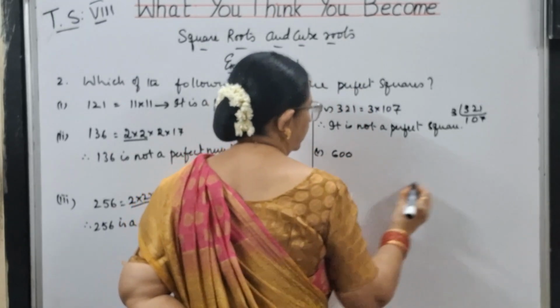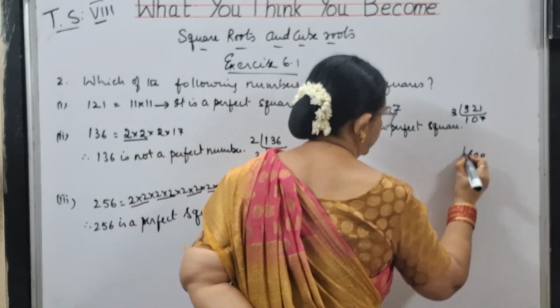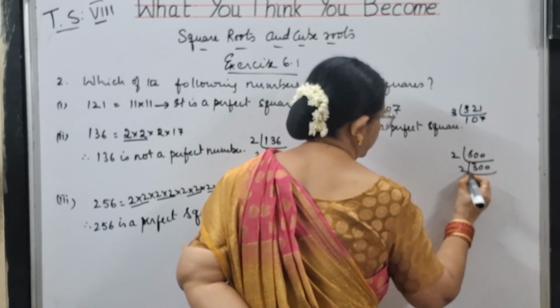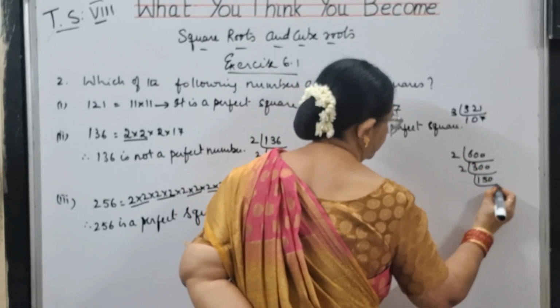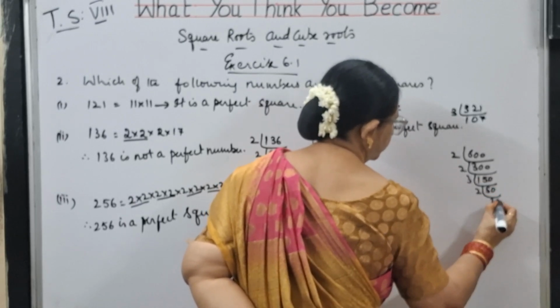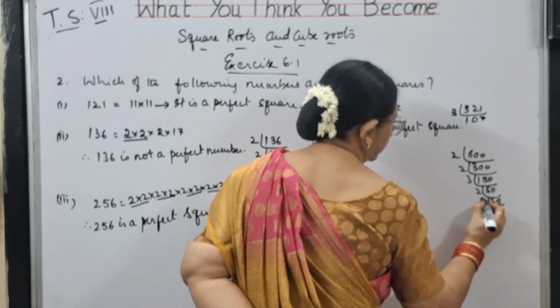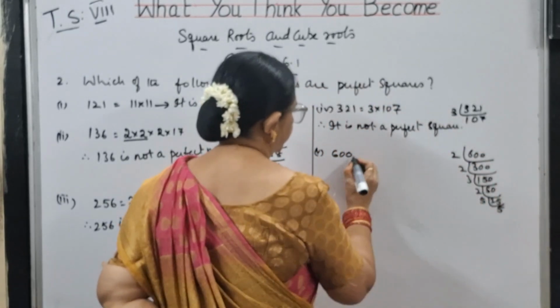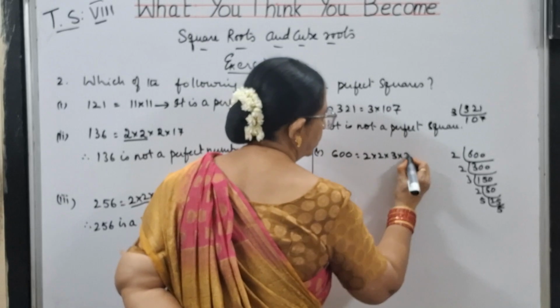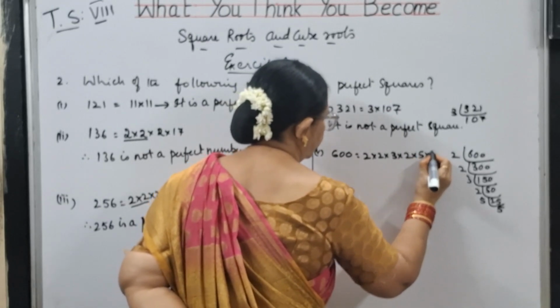Next, fifth bit, 600. So take 600, 2 3s are 6, 0 0, 2 1s are 2, 2 5s are 10, 3 5s are 15. So 600 can be written as 2 into 2 into 3 into 2 into 5 into 5.